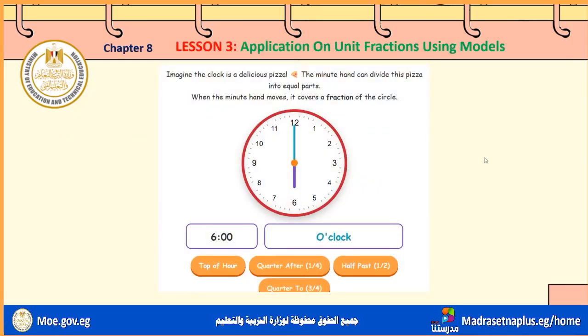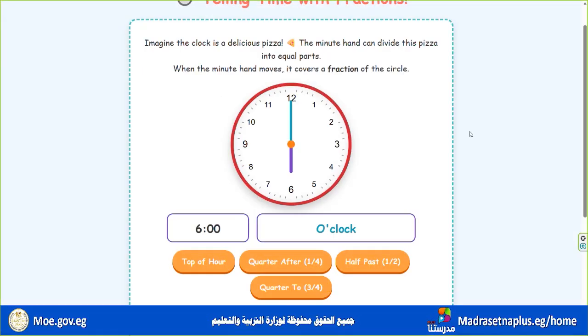Our first part for lesson 3 talks about application on unit fraction using this clock. In front of you, you can see a clock. We studied it many times before. A clock has 2 hands, a short one and a long one.